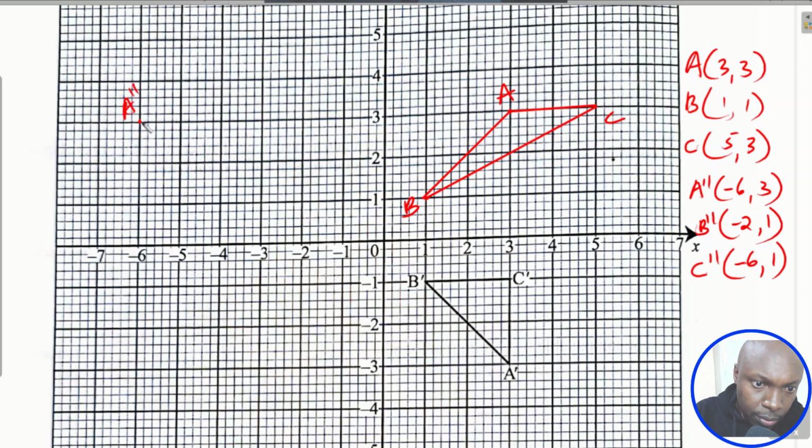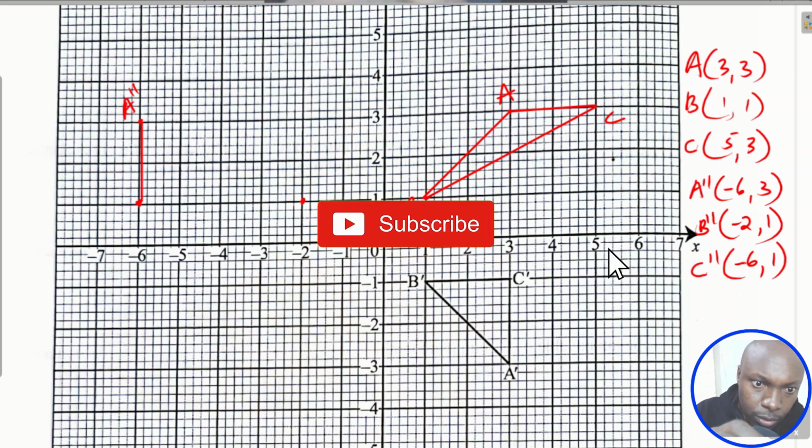Then B double prime, -2, 1, will be there. Then C double prime, -6, 1, will be here. So joining these ones, let me join this one properly.